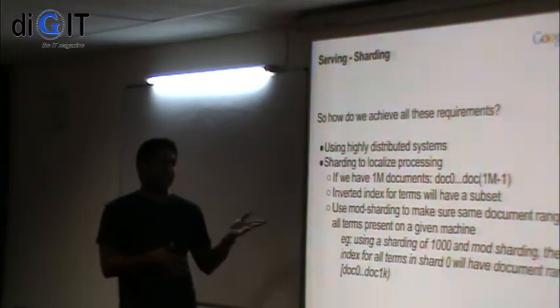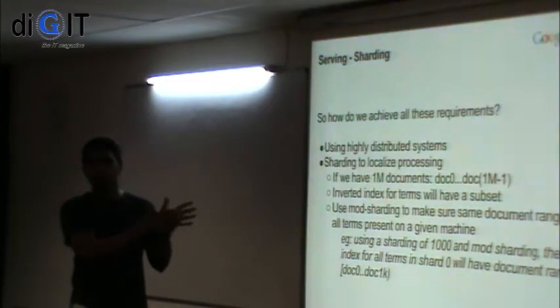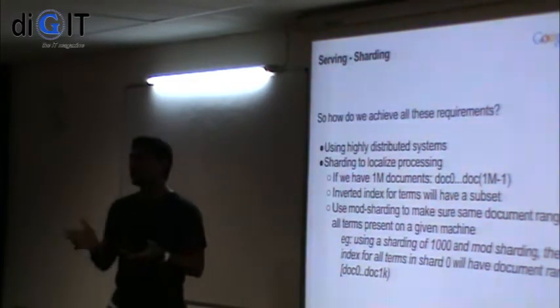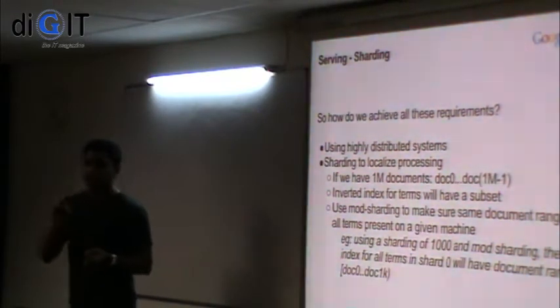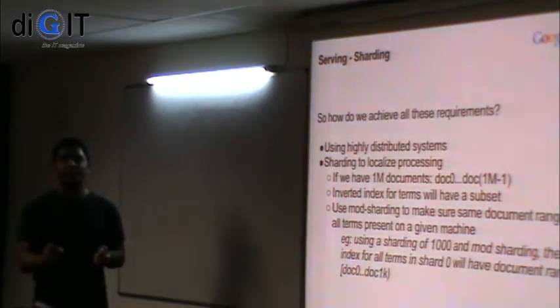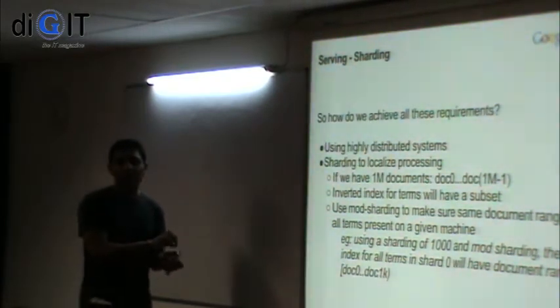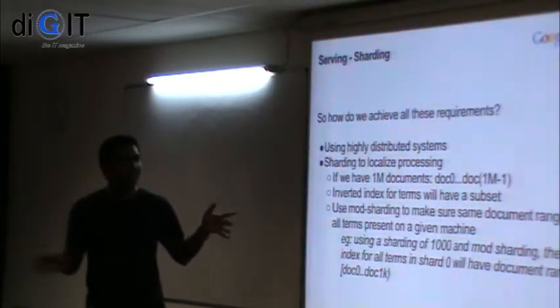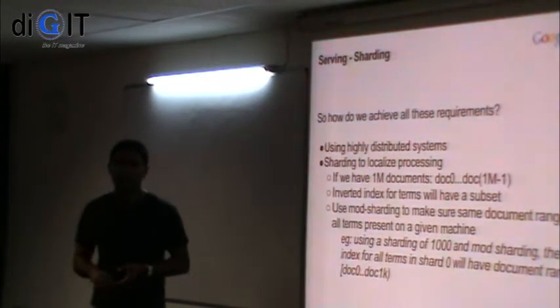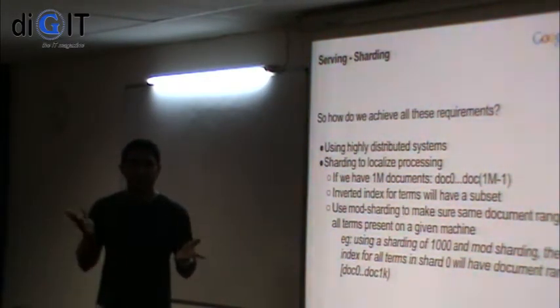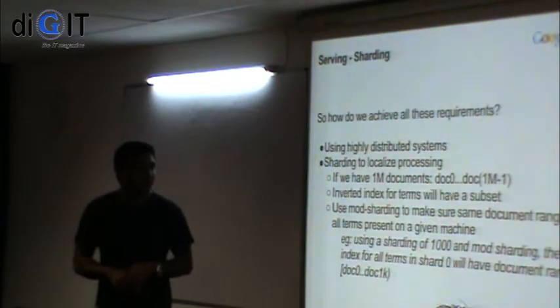So if you have 1,000 machines, we take this numerical value for a document, mod 1,000, which will give you an answer from 0 to 999. That result is the machine that this document will go on to. You do this for all billion pages, and then you have roughly 1 million per machine, because it's a random hash, so it should be evenly distributed.